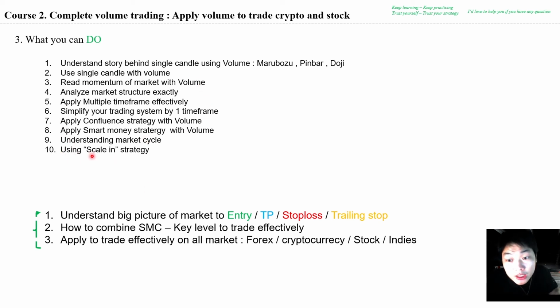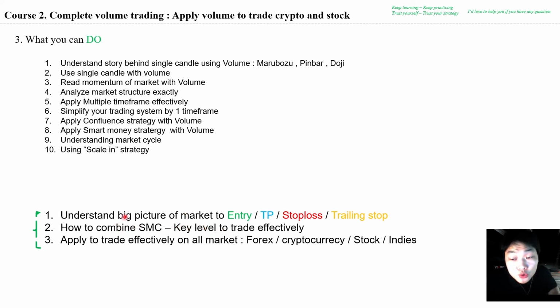All these things will help you do only 3 things. The first one, understanding the big picture of the market to see the best place to entry, take profit, stop loss, and also trailing stop to maximize your profits. And the next one, how to combine smart money and key level strategies to trade effectively.